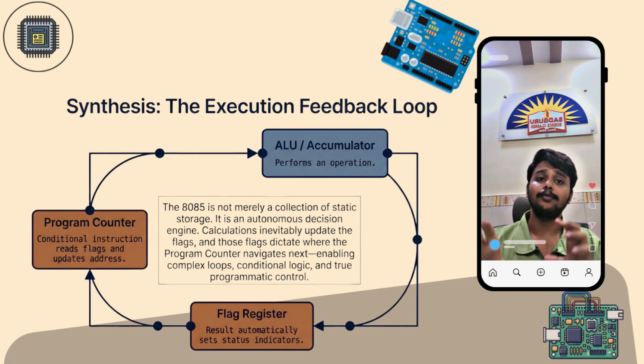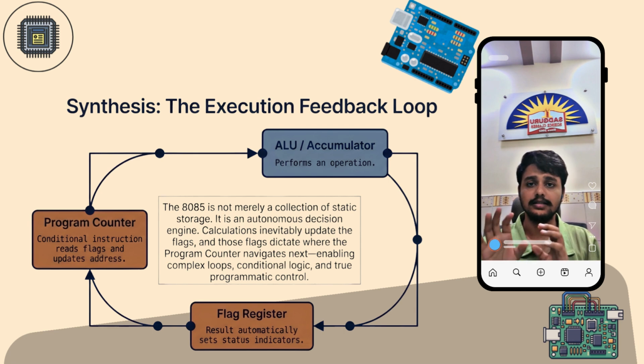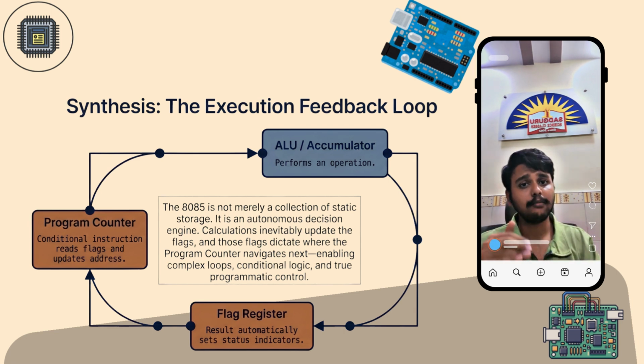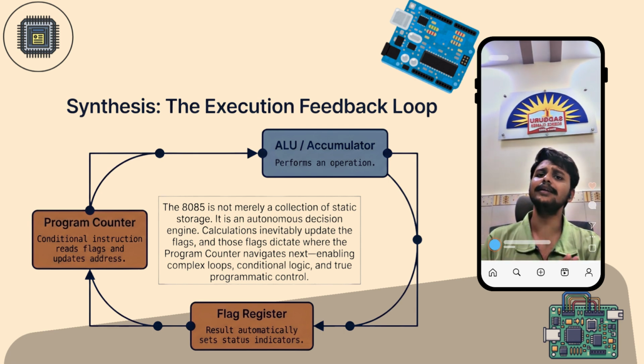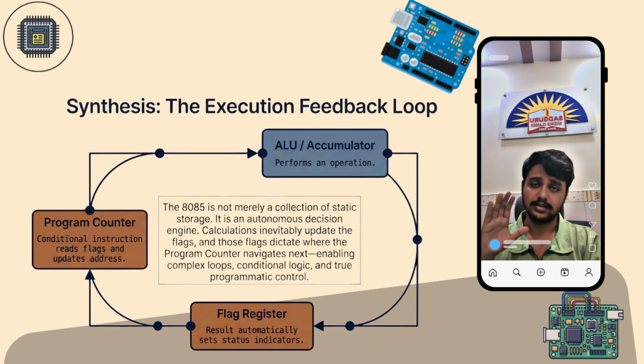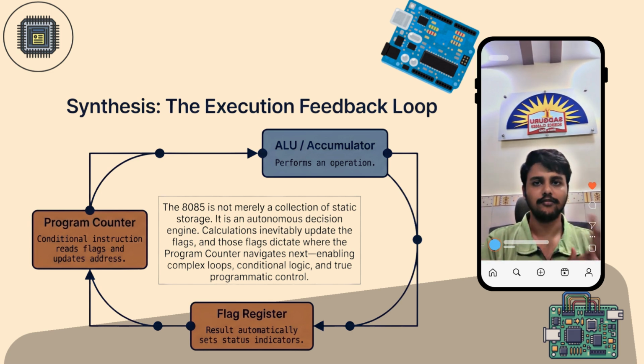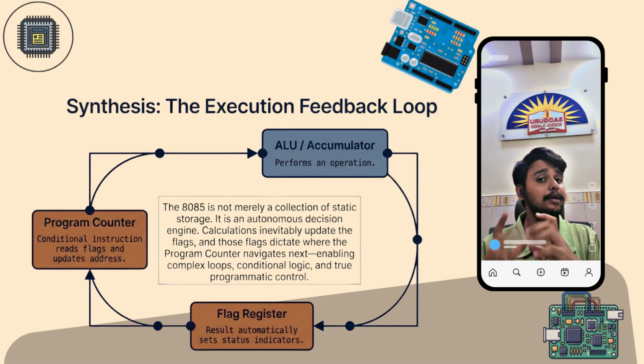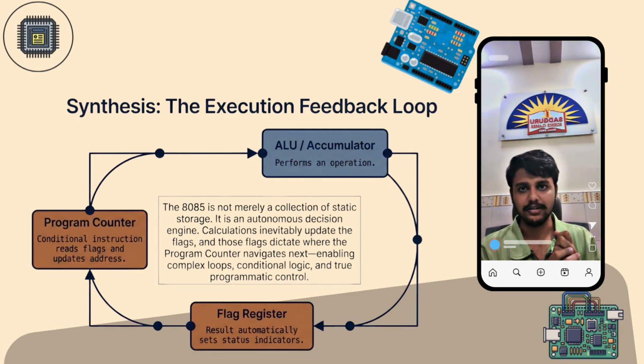In this case, the processor checks if the zero flag is set, and if it is set, the program counter is updated to jump to a specified location. Similarly, instructions such as jump if carry or jump if sign depend on the corresponding flags as well. Because of this, flags play a crucial role in implementing decision-making loops and control structures in assembly language.